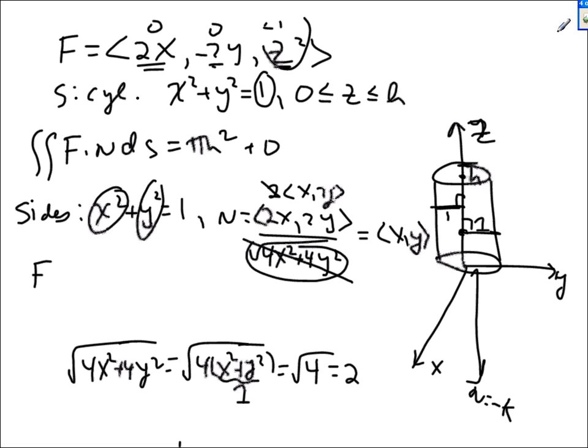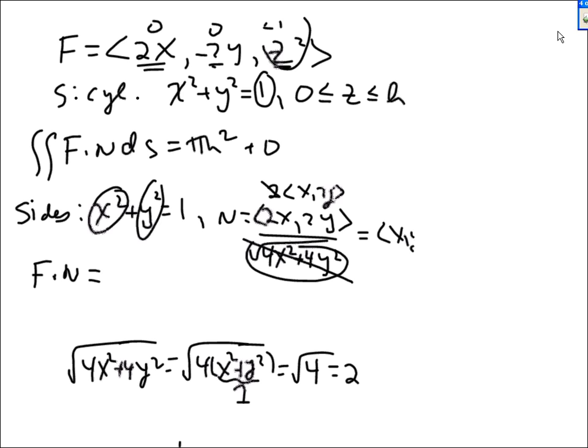So f dot n, I guess, it's 3 dimensions, so you get x, y, 0, sorry.